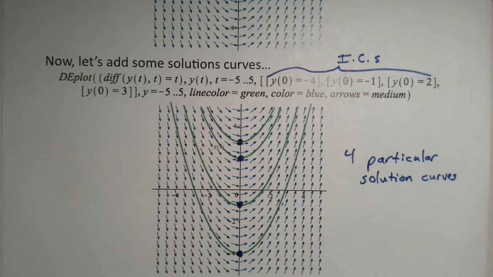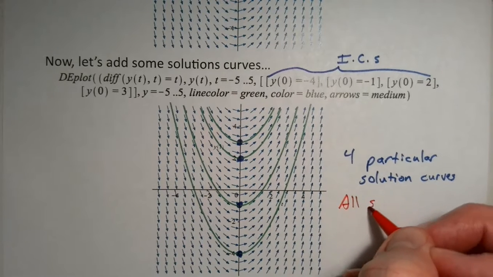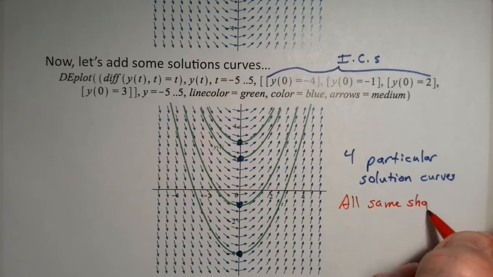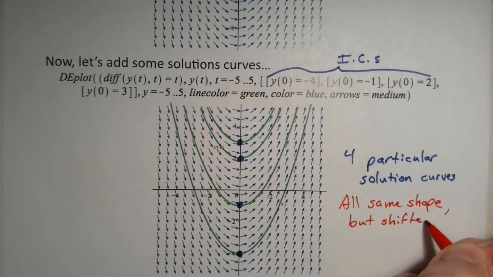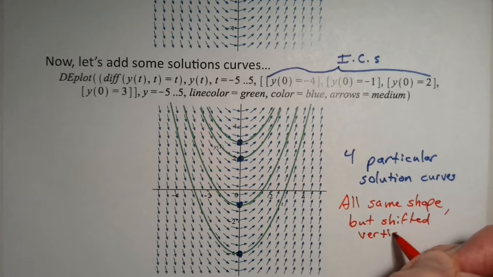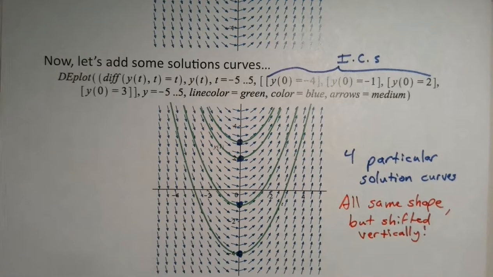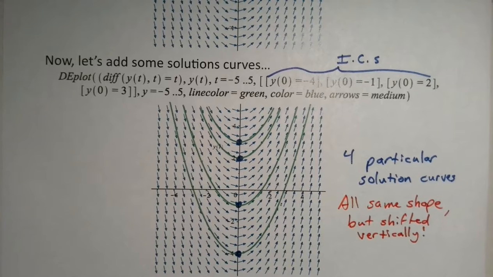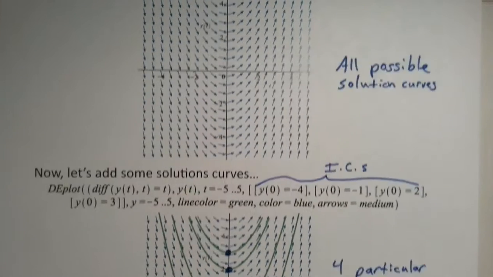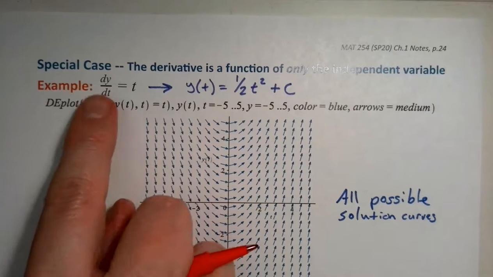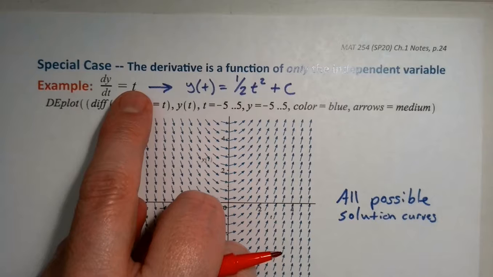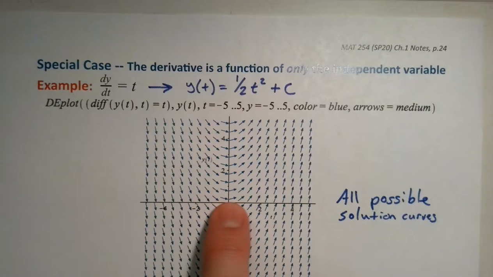And all of these are the same shape as each other, just shifted vertically. This is important because when you have a differential equation that is only in terms of the independent variable, the slope only depends on where you are in this direction, right?